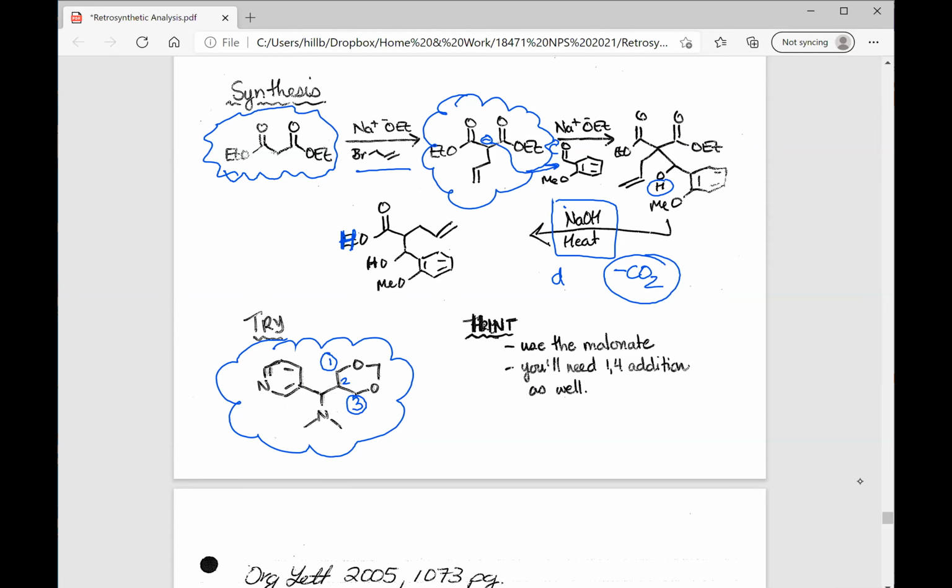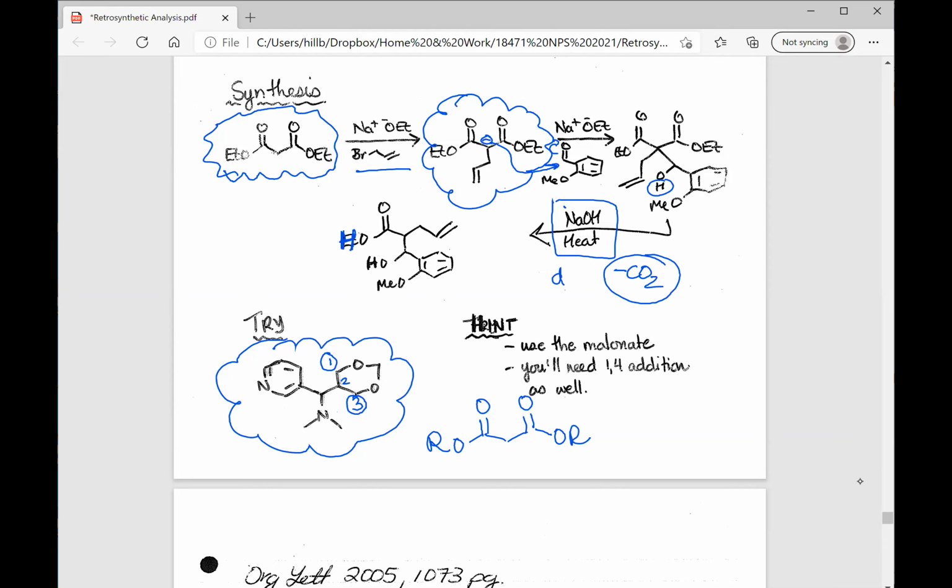The only thing which has happened is they've been reduced and converted into an acetal. So it's a functional group interconversion there. This would be one of the starting materials from the very start.